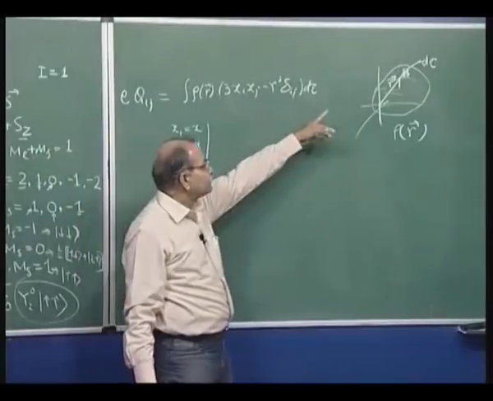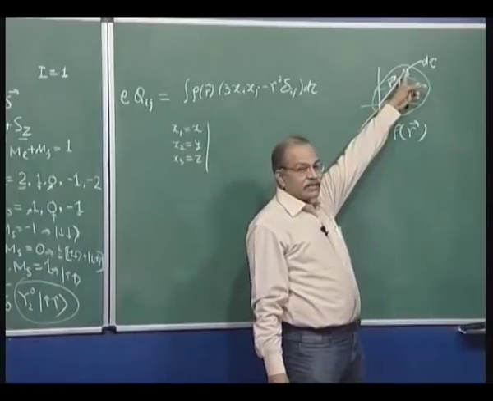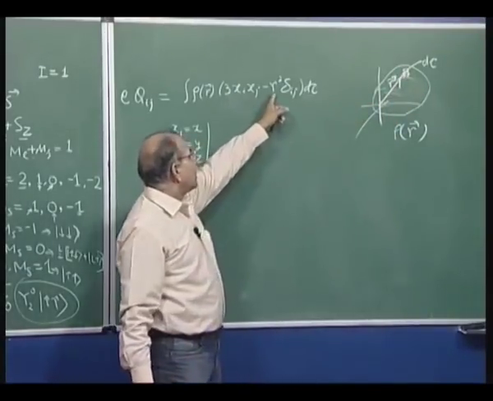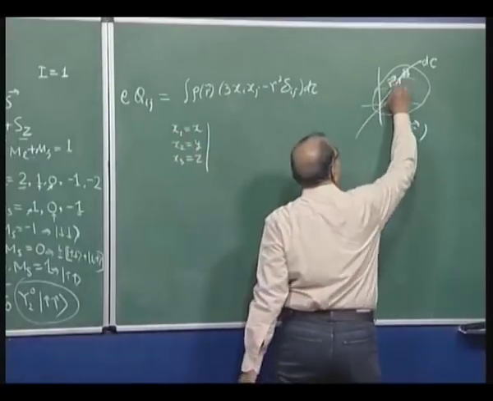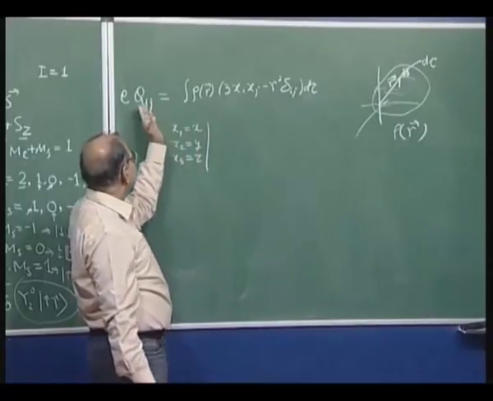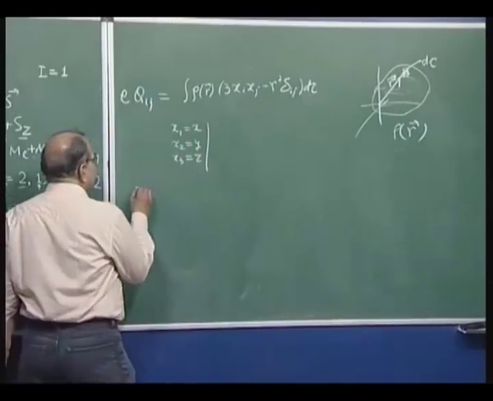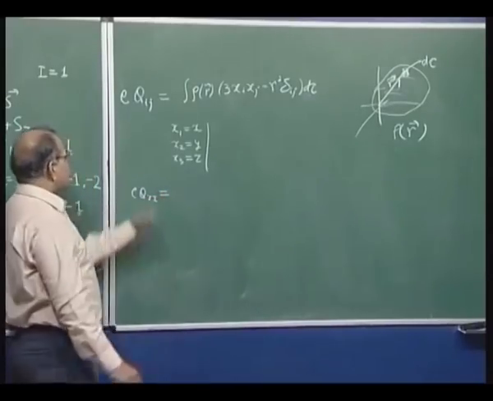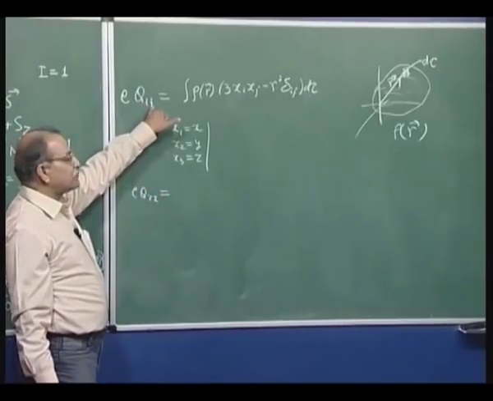Coordinates of this point where you are constructing d tau, and r is the distance from the origin to that volume element. So, you can write for example E q x x, that means I am putting i as 1 and j as 1.